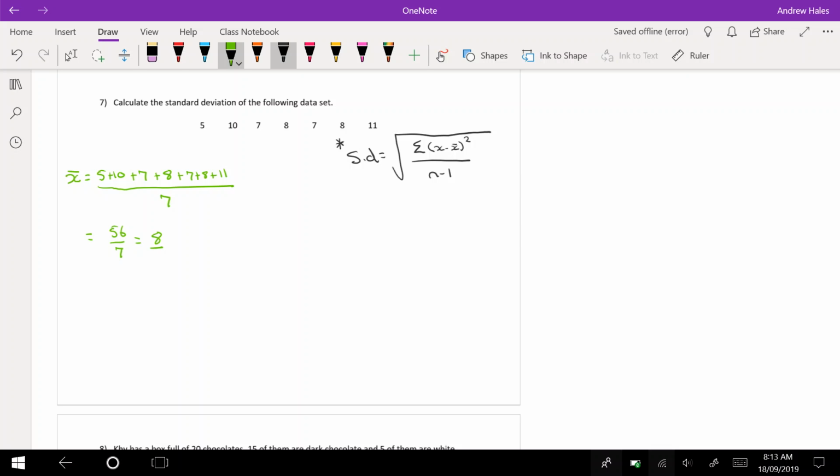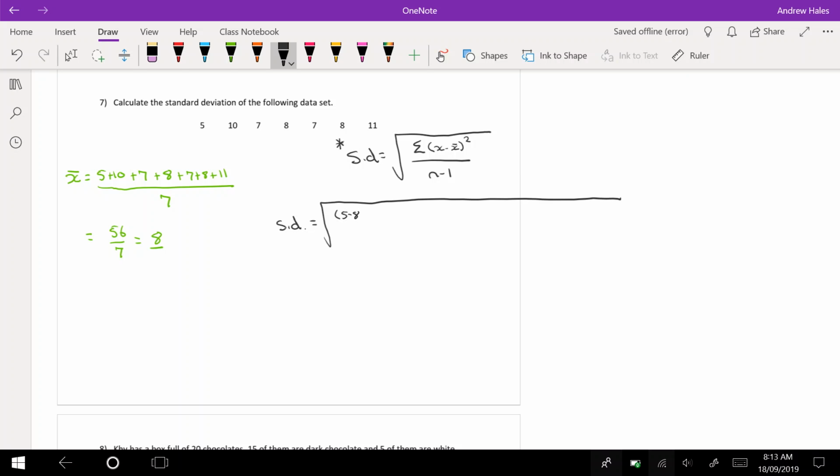And now with my standard deviation formula, the standard deviation is equal to the square root of, I'm giving myself a bit of room because I know I'm going to be writing a lot.